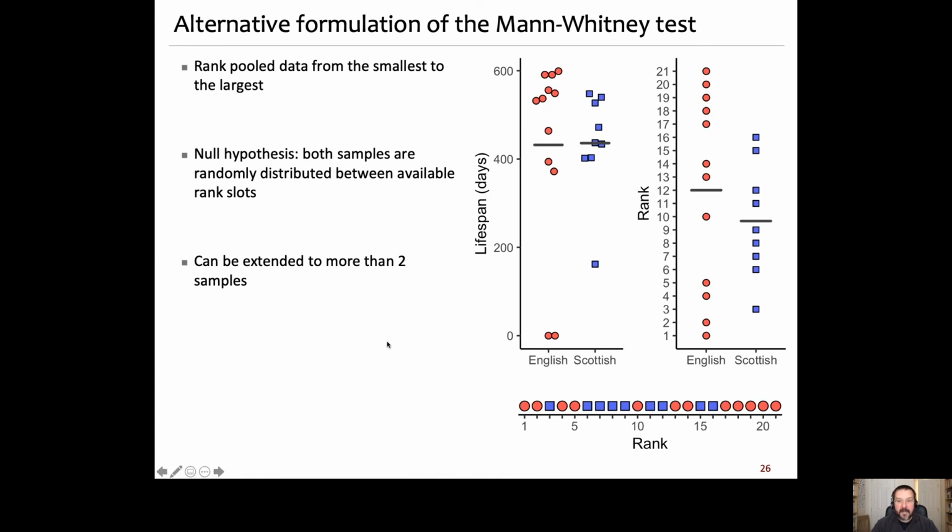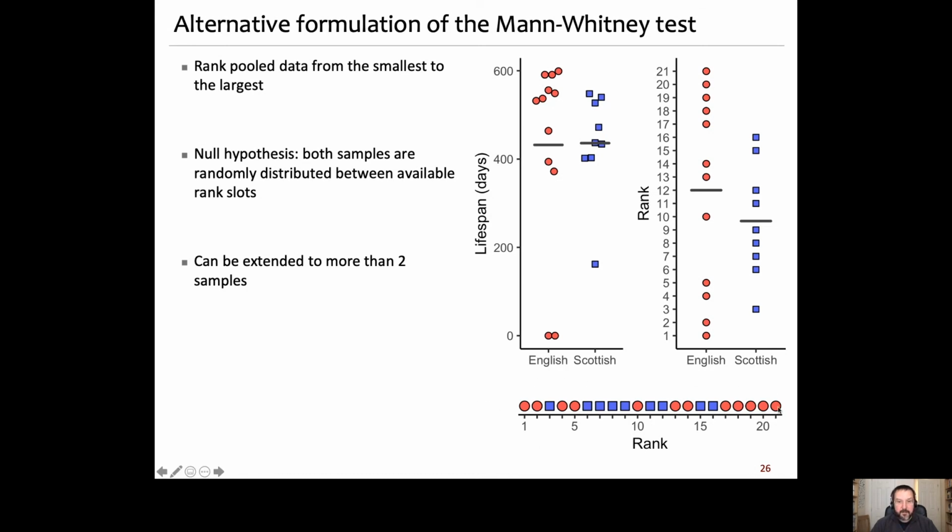The null hypothesis, which is equivalent to the one I showed you earlier, is that the probabilities of x being greater than y and y being greater than x are the same. The alternative null hypothesis is that both samples are randomly distributed between available rank slots. This is illustrated in this panel at the bottom.